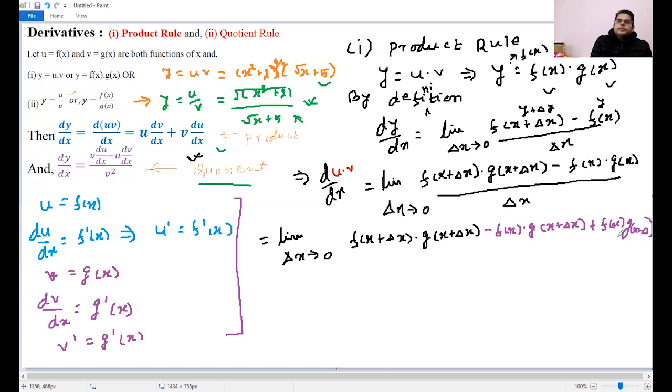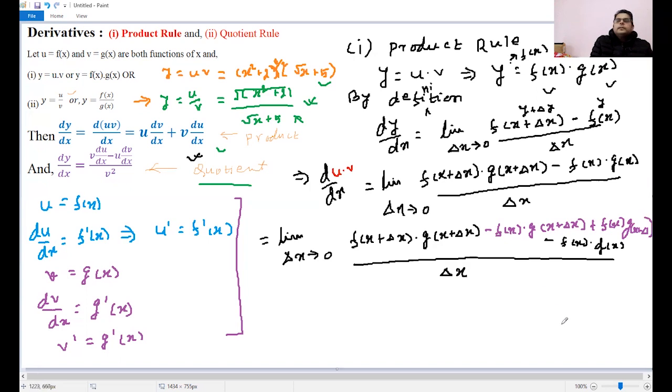And you can see here we have already minus f(x) times g(x). Even though I have introduced that sort of term, you should be able to understand why I introduced it, like f(x) times g(x plus delta x). It will be clear once you pay attention here, and the whole thing is divided by delta x.